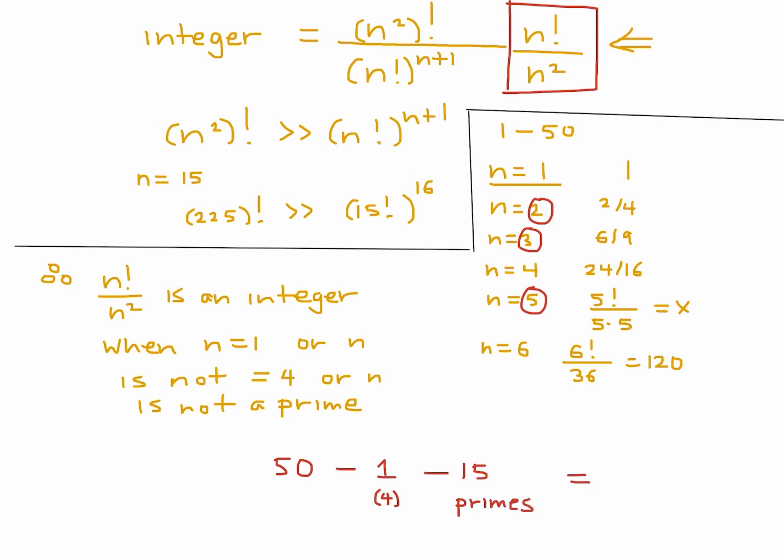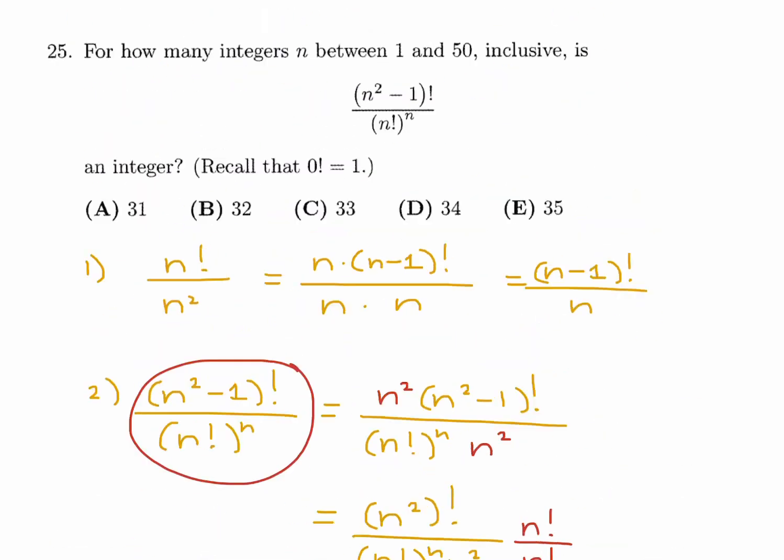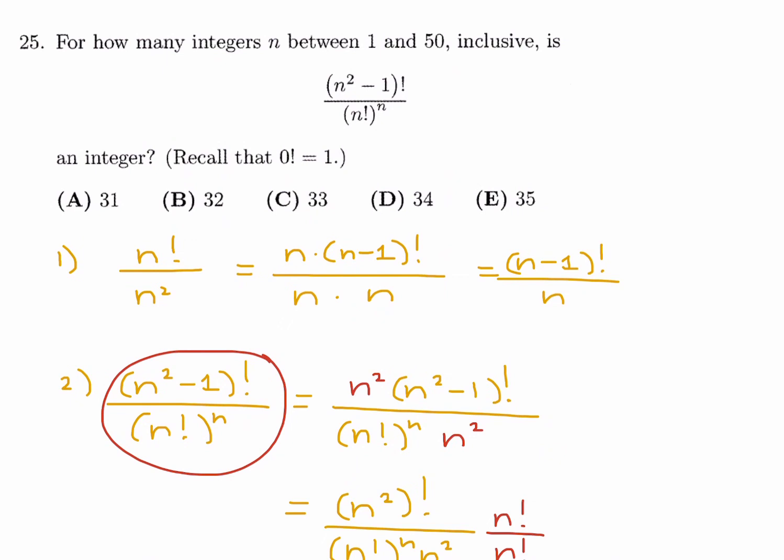So 50 minus 1 minus 15 is 34. So 34 values of n between 1 and 50 will give this to be an integer, and therefore that whole thing will be an integer because it essentially was a modification of the original formula. And therefore number 25, the answer is D.